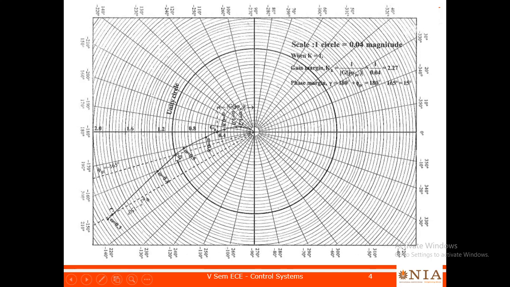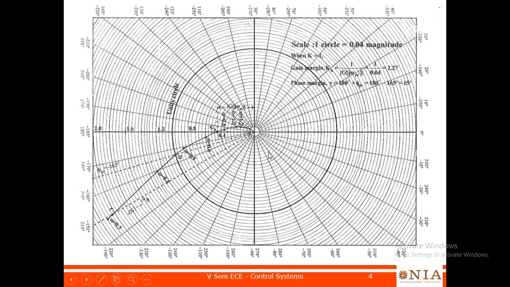For doing that, take a scale, connect the center point and this point, and extend it to get the phase. The phase is minus 165 degrees, so φGC is minus 165 degrees. Your phase margin is 180 degrees plus φGC, so the phase margin is 15 degrees. So the gain margin is 2.25 and the phase margin is 15 degrees.